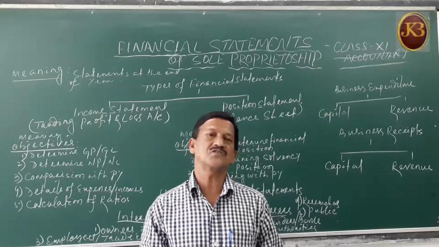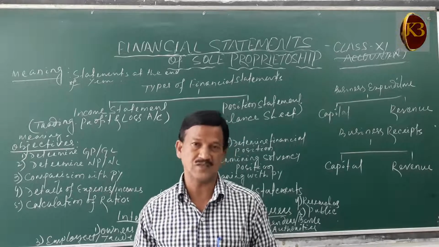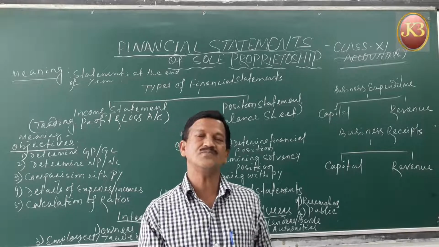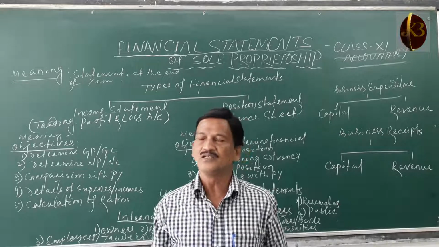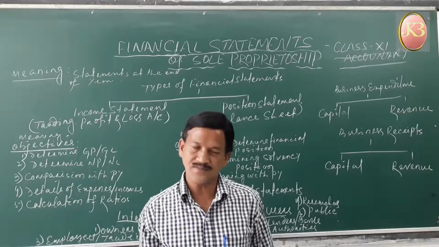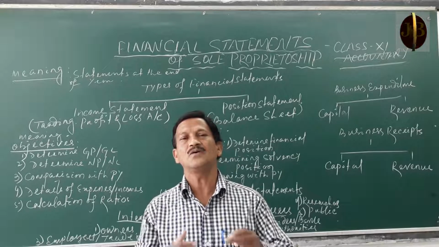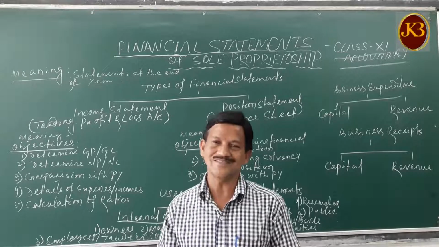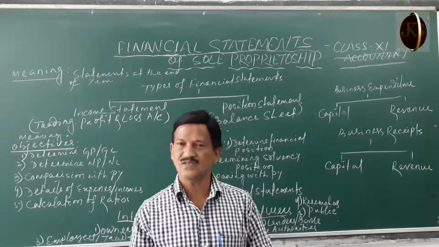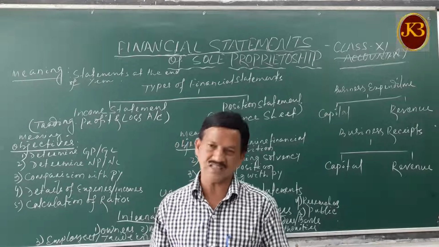Accounting years consist of a 12 months period. That is the accounting periodicity concept. As per this concept, you have to take one year's transactions, 12 months of transactions, to prepare the financial statements. That's why it is prepared at the end of the accounting year or accounting period. As you know, the accounting period begins from 1st April to 31st March, or the calendar year from 1st January to 31st December.